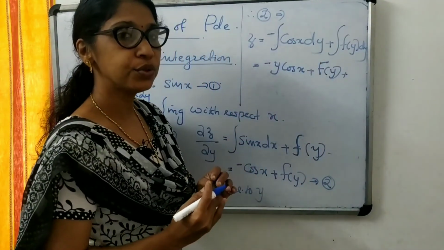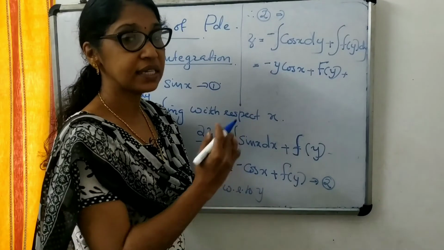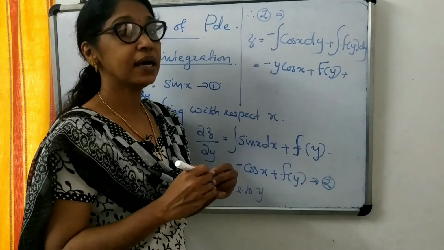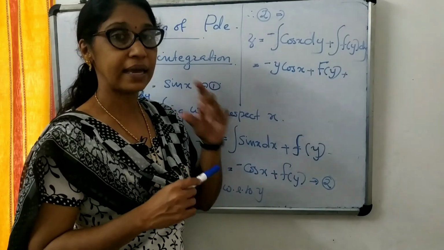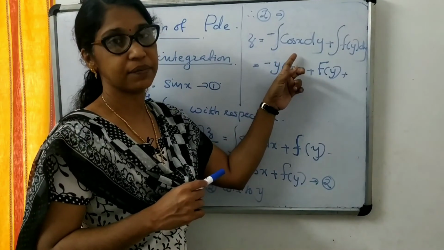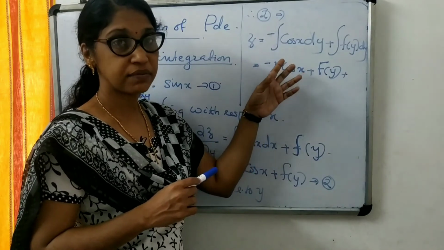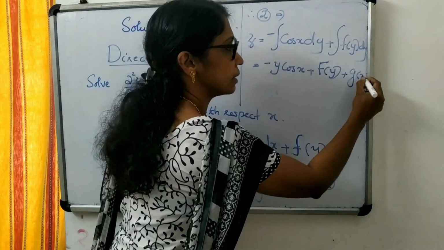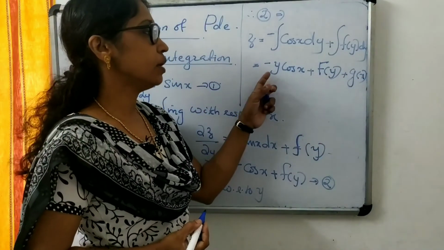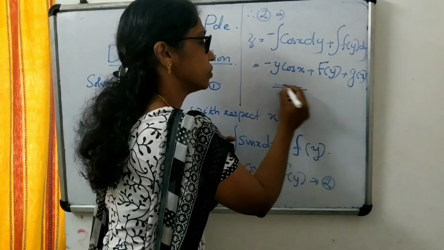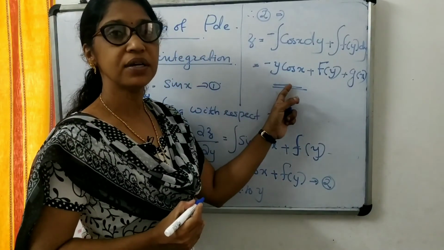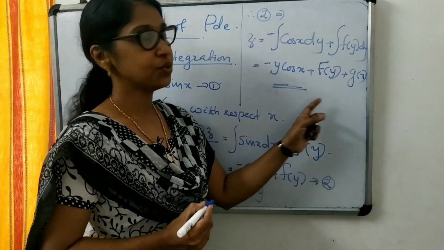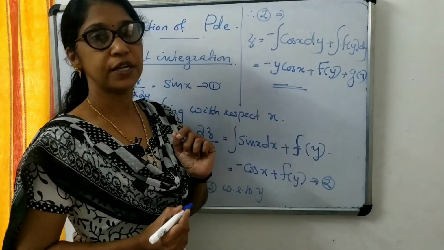Now I am going to add an arbitrary function there. That function must be in which variable? In x, because x is a constant here. So I am going to write g of x. So the solution is z equal to minus y cos x plus capital F of y plus g of x. So this is the final solution.